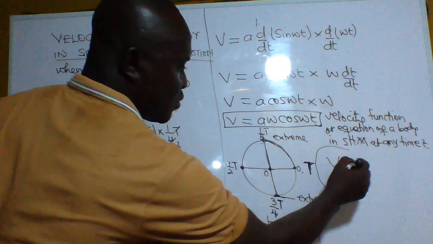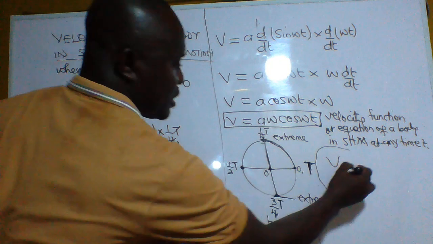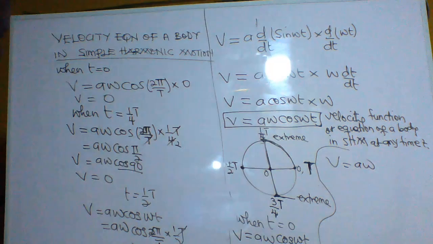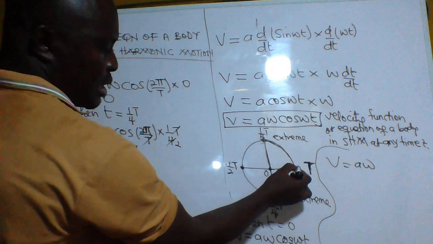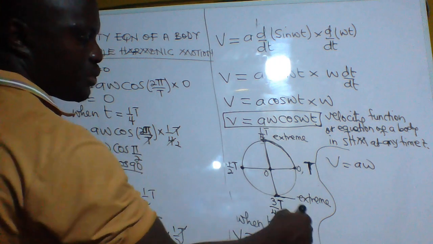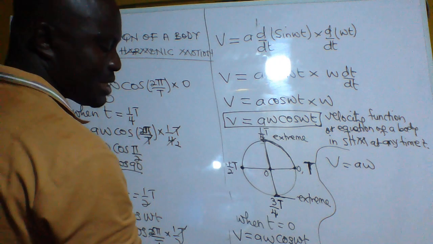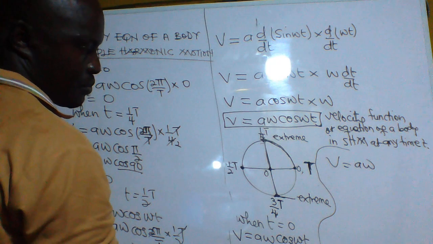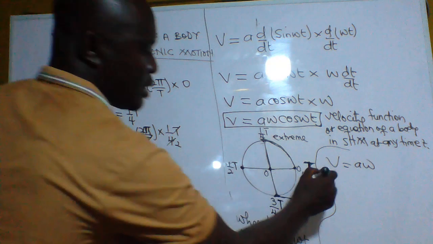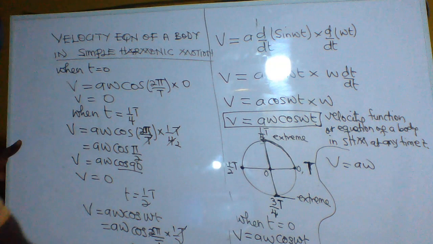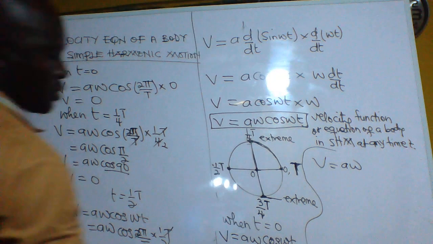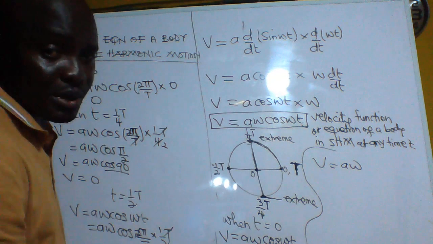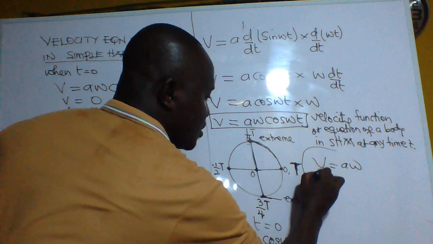So the velocity when crossing the mean point is equal to A omega, the amplitude times the constant angular velocity. What it means is that the velocity of a body in simple harmonic motion is maximum when crossing the mean point. Let me go down this note because we are correcting a mistake.